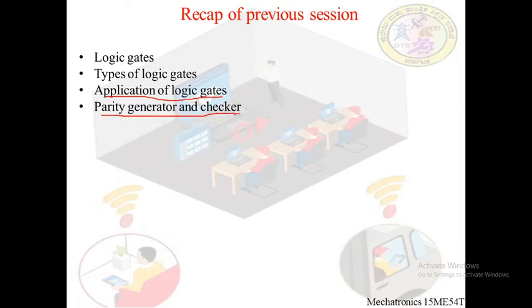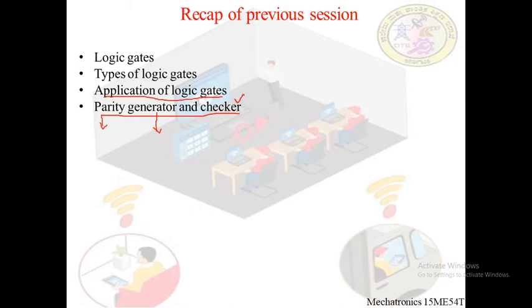Parity generator and parity checker was one such application. We understood parity was the extra bit that was added to the data in order to check whether the data transmitted has been received properly at the receiving end or not. Parity generator generated the parity bit. There were two kinds of parity generator: even parity generator and odd parity generator.